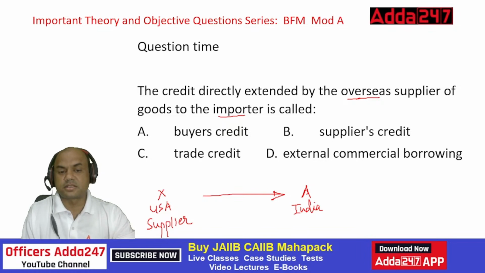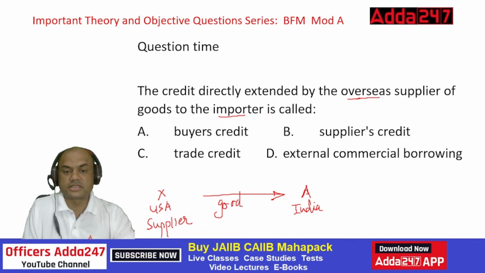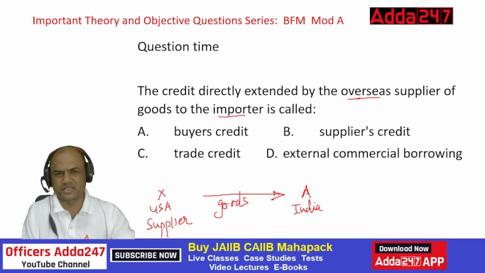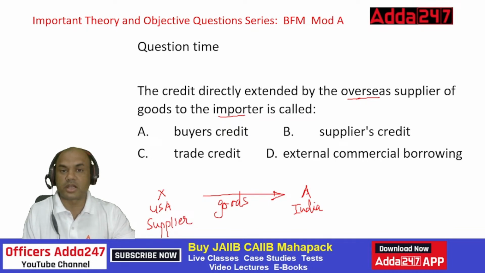Now what happens? This supplier in USA wants to sell the goods, but the supplier is afraid of payment, obviously, because anyone doing a new transaction in different countries will be afraid. So what does the supplier say? I am actually doubting your payment system. Will you pay me or not? I don't know. So the supplier says, tell your bank, let's say SBI, to give an acceptance to me on the bill of exchange.